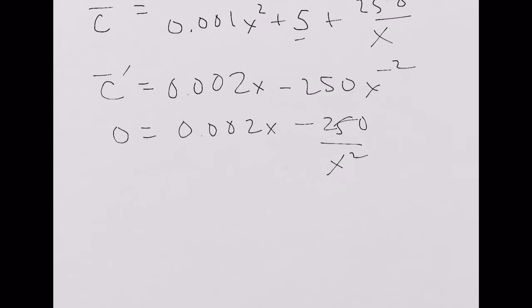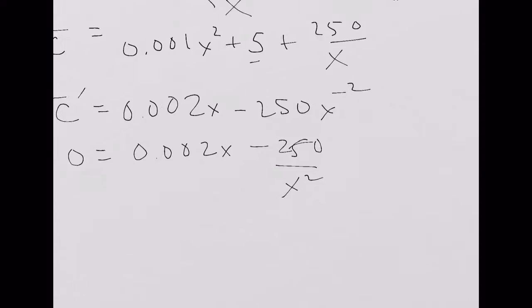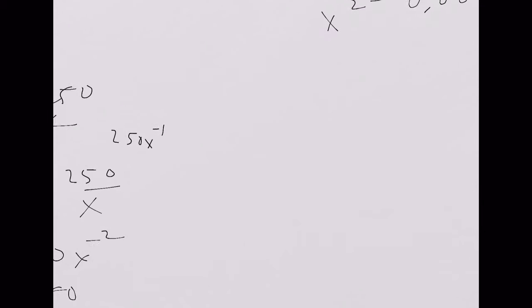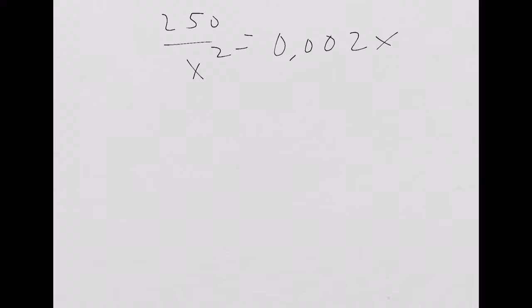I'm going to go ahead and move my 250x squared to the other side. That's going to be equal to 0.002x cubed. Multiply both sides by the x squared.